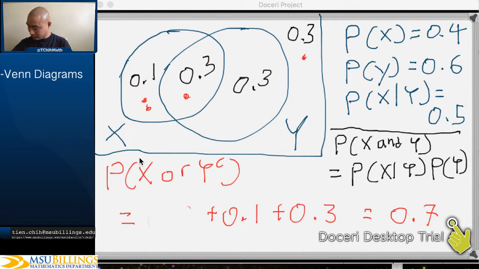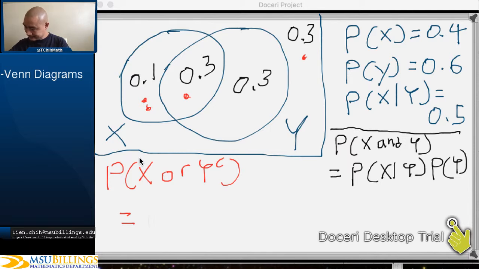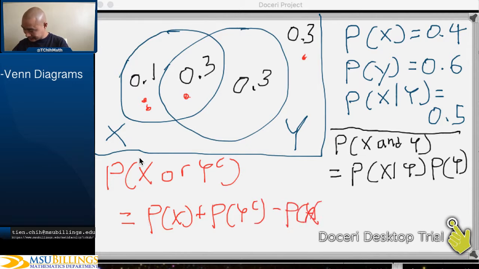Now notice, I could have used a formula here. I could have said, all right, it's P of X plus P of Y complement minus P of X and Y complement, which is, well, P of X is 0.4, right? That's given to us right there.